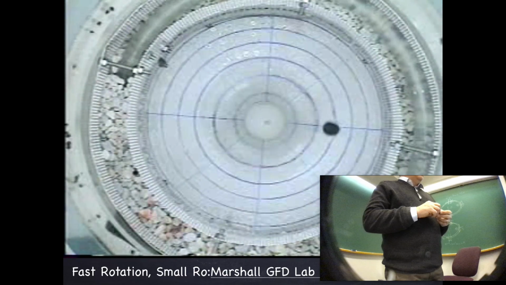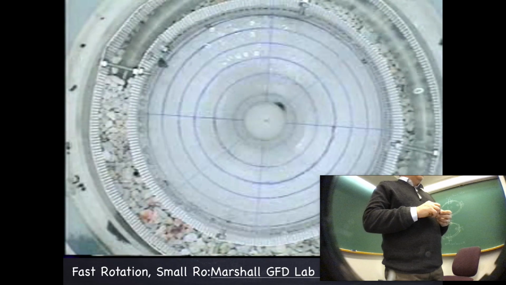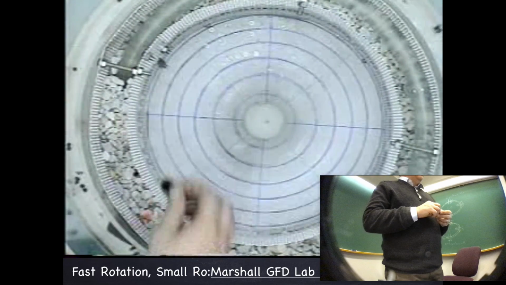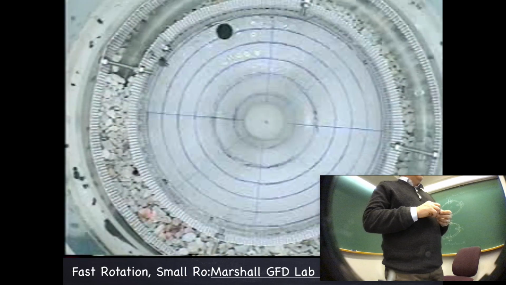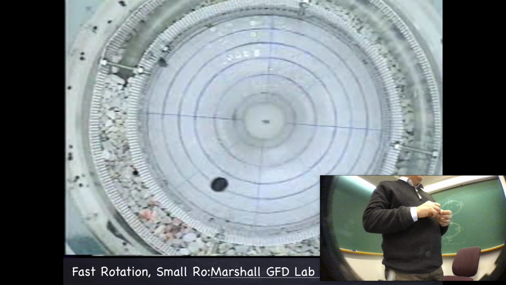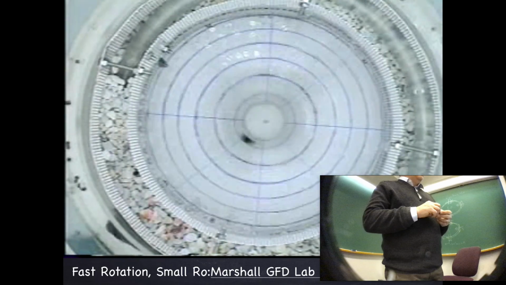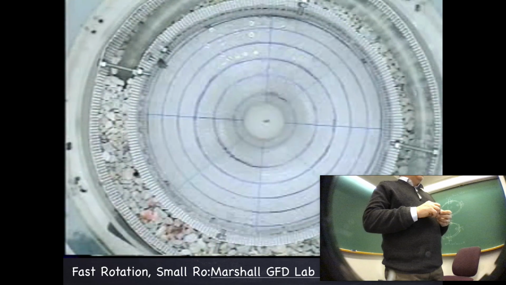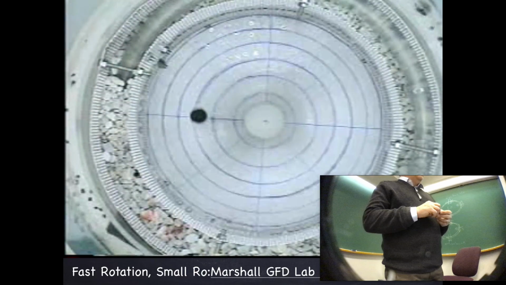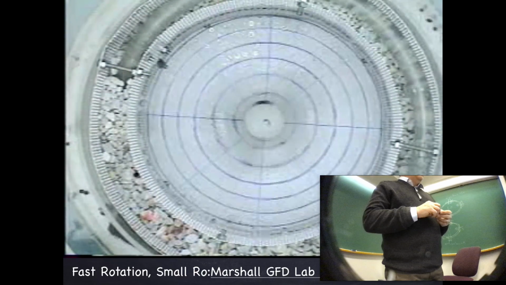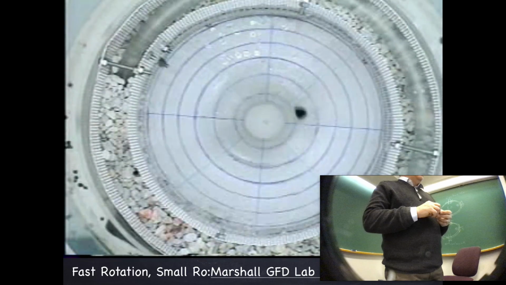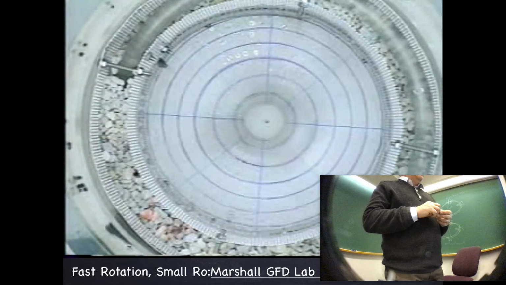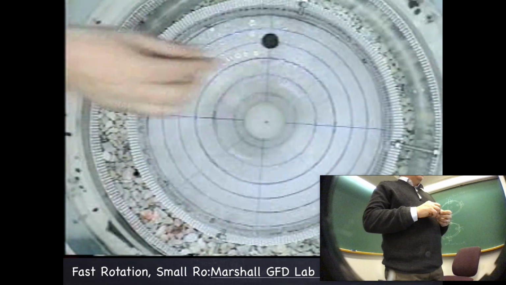The dominant motion is perpendicular to the pressure field. So in this sense, the geostrophic velocity is much bigger than the down the plug hole velocity. At lower rotations, the down the plug hole velocity was bigger. The geostrophic velocity was a weak perturbation. Everybody on board with this? Okay.